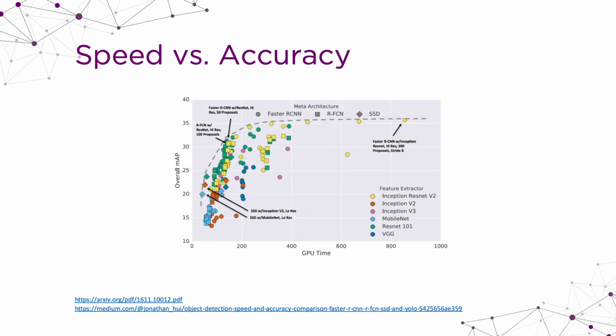Here we have also this very interesting chart. Again, a paper that does a very in-depth comparison of the different models and their different performances. So what we have is different feature extractors or backbone networks, so different versions of Inception, and there are even combinations of Inception and ResNet that have been published. So we have ResNet, VGG, MobileNet, Inception.